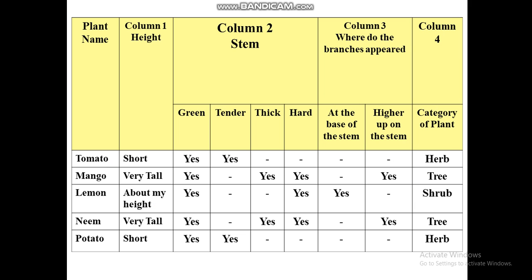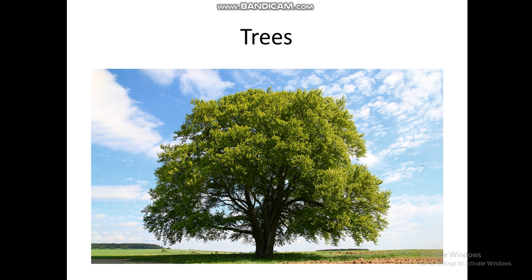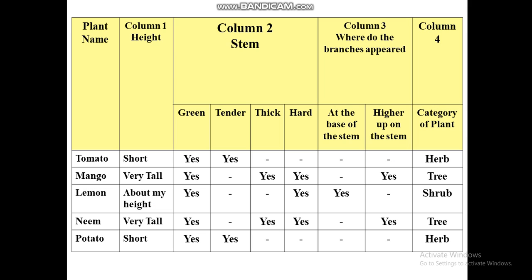Then we have a small table given in your book, and you will try to fill it up. The first column is plant name. The plant names given are tomato, mango, and lemon. These three are given in your book, and these two I have added. The next column is the height of the plant.